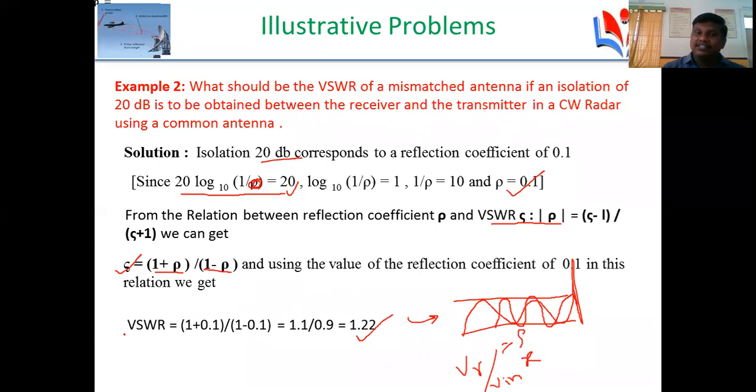What is the range of this VSWR? What is the range of rho? Let us see the first case: the range of rho, the reflection coefficient. Suppose some voltage X is transmitted and the same voltage X is reflected back. Then X by X is 1, so the maximum value of rho is 1. What is the minimum value?